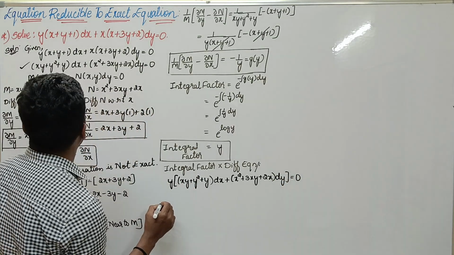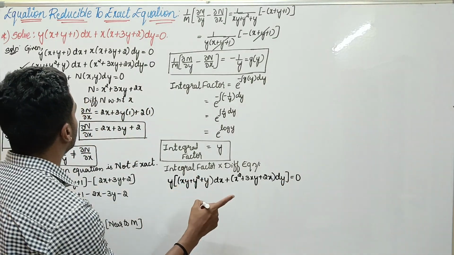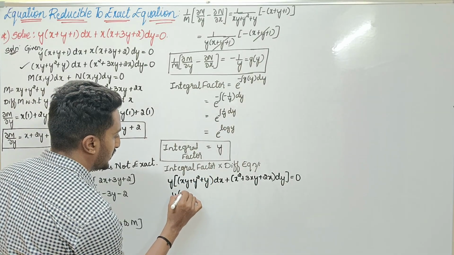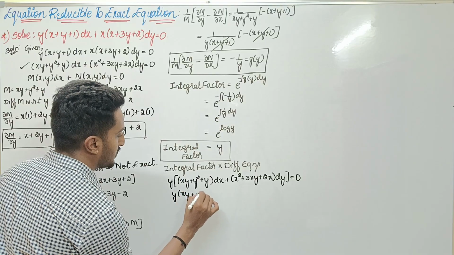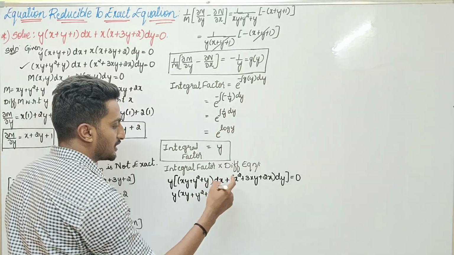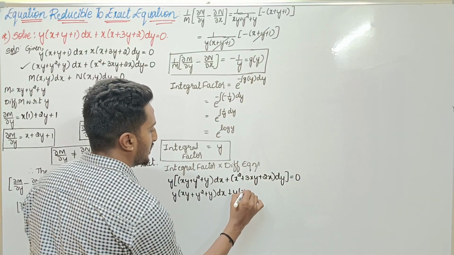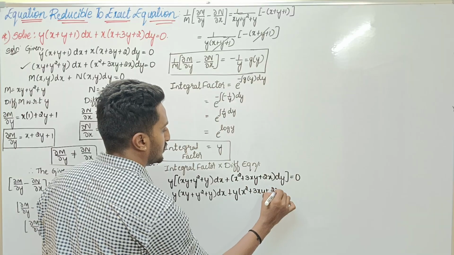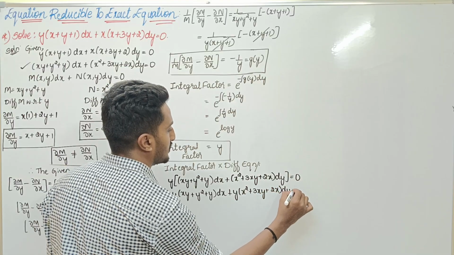Multiply by y. Okay, check once again so that there is no mistake. Now multiply y into (xy + y² + y) dx. Similarly, multiply for this also, y into (x² + 3xy + 2x) dy = 0.